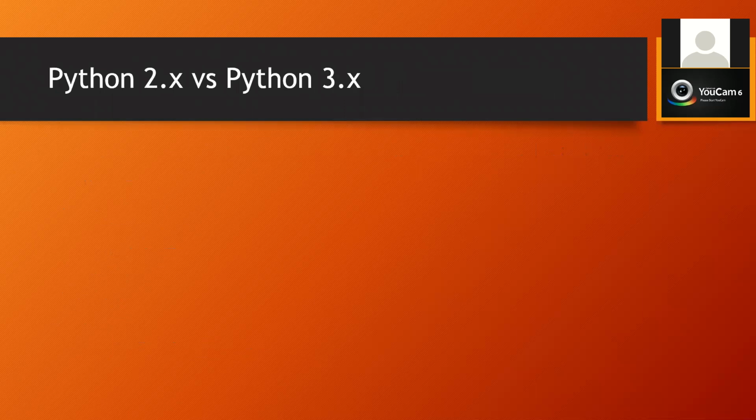Basics of programming. Now we are learning Python 3.x, 3.6, 3.7, but prior to that there was the 2.x version. So now we need to see what the difference is, what the new things in 3.6 are, and what is different in 2.x.